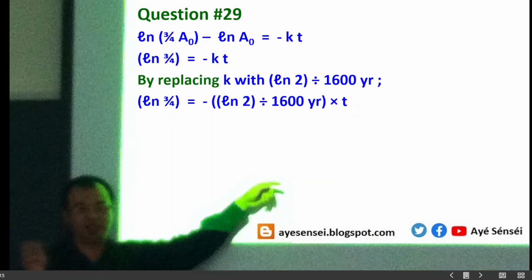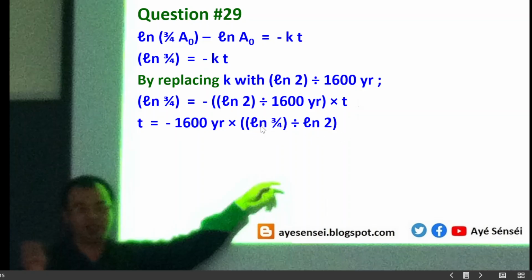And if we want to find the time, well, the time is 1600 years, so we have to move this from the right side to the left side. So the division becomes multiplication, and here it becomes the denominator, and this will stay there.